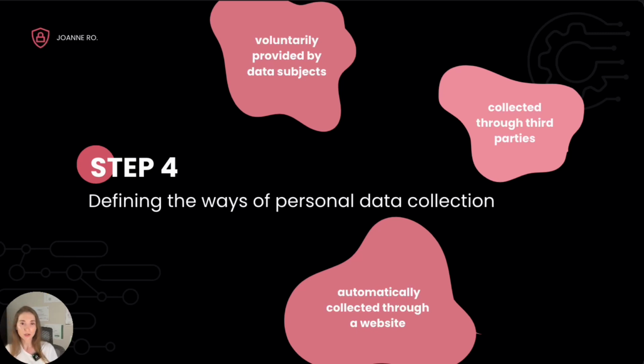And the third group of possible ways of collecting information is when your website or your app automatically collects some pieces of personal information through a website or other web resources. Sometimes websites can gather information about user activity without users explicitly providing it.